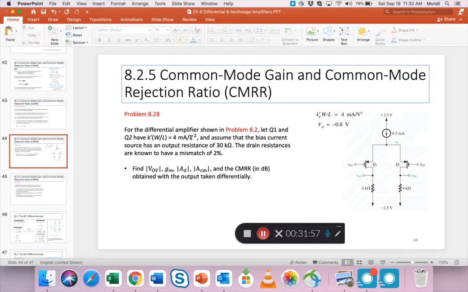They have this K, and assume that the bias current source has an output resistance of 30 kilo ohms. The drain resistances are known to be 4K nominally, but there is a mismatch of 2%.